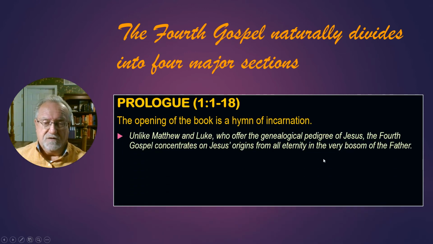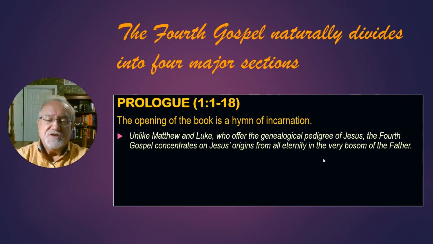Unlike Matthew and Luke, who are going to offer genealogies of Jesus, Matthew is going to trace Jesus' genealogy back to Abraham. Luke is going to trace Jesus' genealogy all the way back to Adam. John doesn't do that, at least in the sense of a pedigree or a list of ancestors.